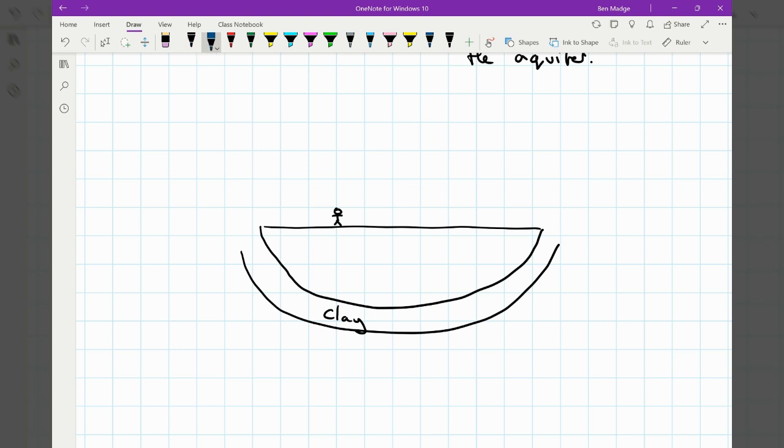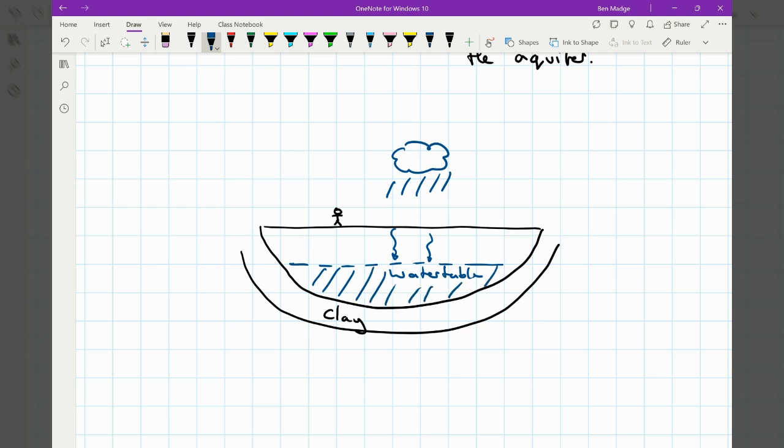And the water that falls on this area can percolate down to the water table. And this is our saturated aquifer. And we can access it by using a borehole, and this would require a pump to extract the water.